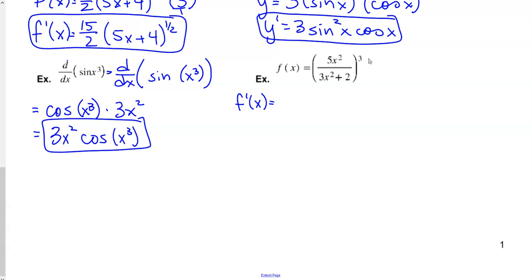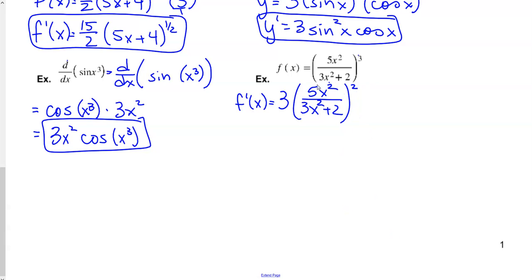The outermost function is this cube, so I'm going to bring the 3 out front. Nothing changes inside that set of parentheses because I have to decrease that power by 1. So bring the outside power out front, keep this as is, and decrease that by 1 gives me a 2.